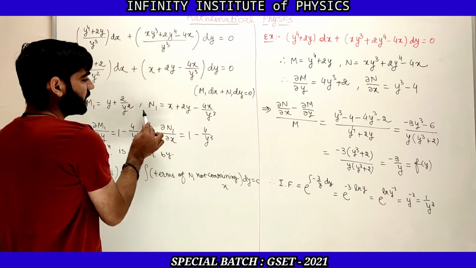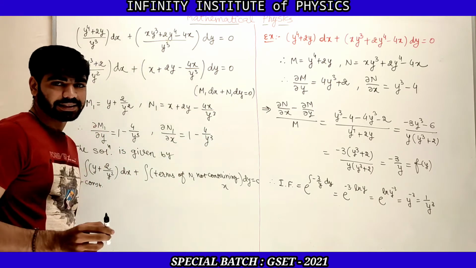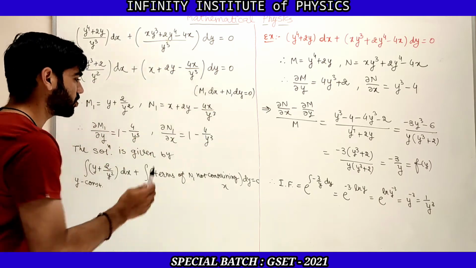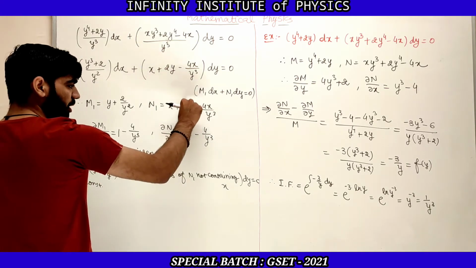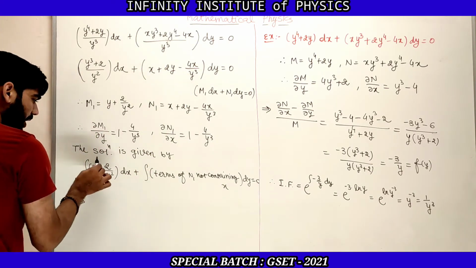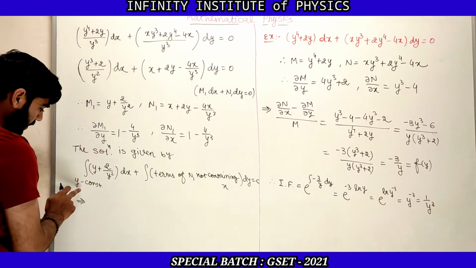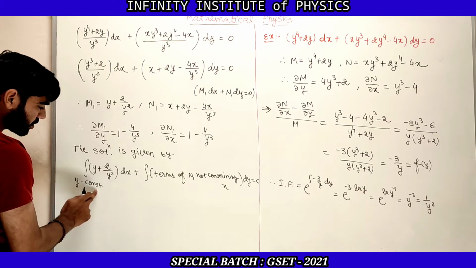So now here in n1 there are two terms which contain x, the first term and the last term, so we need to neglect them. So the remaining term 2y is the only term we need to consider. Here y plus 2 by y square is also a constant term, because we need to consider y as a constant.